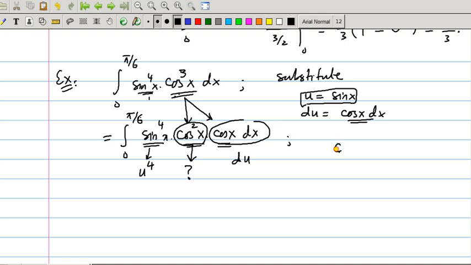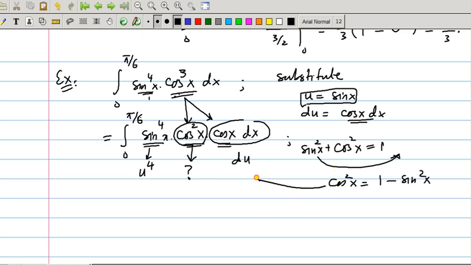So we know that cos square x can be written as 1 minus sine square x, right? Because sine square x plus cos square x is 1. Remember this identity? I can bring sine square x to the other side, so it will become 1 minus sine square x. So that's what I will replace here. Then I will have no trouble.